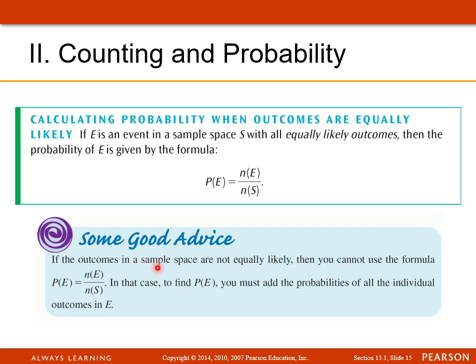If the outcomes in a sample space are not equally likely, then you cannot use this formula. So for instance, if we had a spinner and each of the pieces were not equal sized, like if we have one that's half of the spinner and the other 3 are only 1/3 of the spinner, we can't use this formula because we can't get each piece equally likely. They would all have to be the same size.